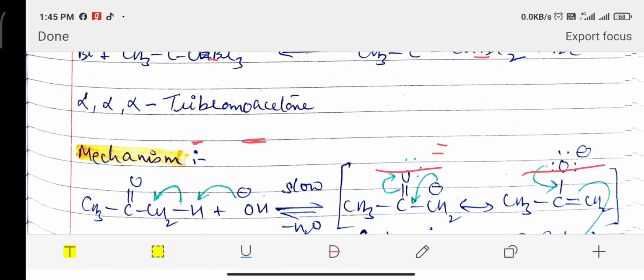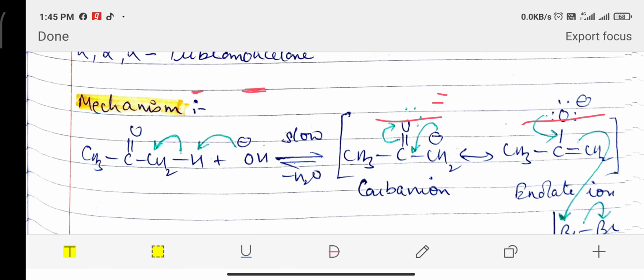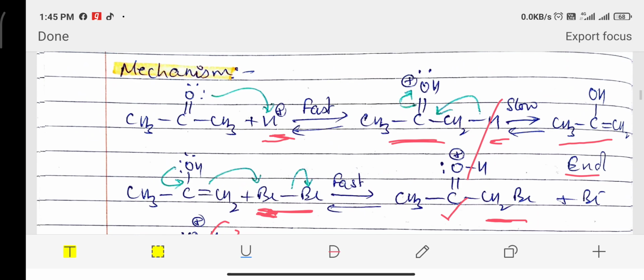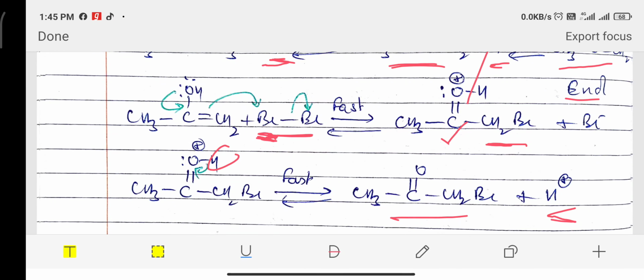This OH negative started the reaction and then it is not involved further. So it is a base promoted mechanism. In the acid case, the acid is first utilized and then in the end it is released, so it is acid catalyzed. But the first mechanism is base promoted, because the base only abstracts hydrogen and then is not involved in the reaction.